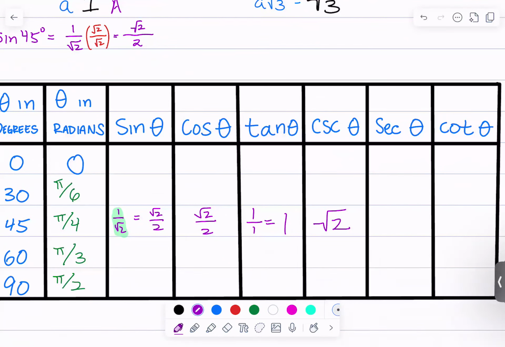Secant has the same value as, or cosine has the same value as sine, so the reciprocal is the same as well. Cotangent, the reciprocal of tangent, 1 over 1, the reciprocal of 1 over 1, which is 1. Yeah. Cool.